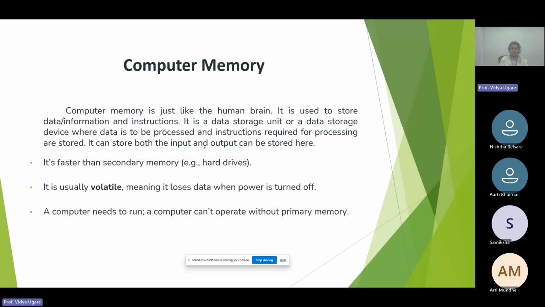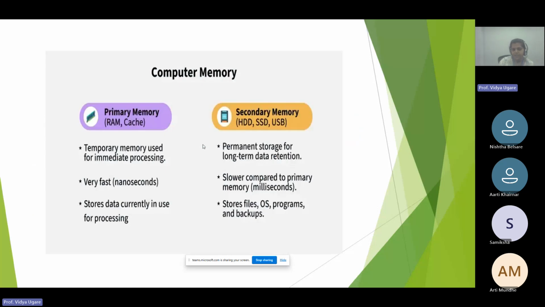So now let's see what is memory organization, or what is primary memory and secondary memory. Primary memory, in which RAM is there, cache is there. Can anyone tell me what is the full form of RAM? Yes, everyone, what is the full form of RAM?